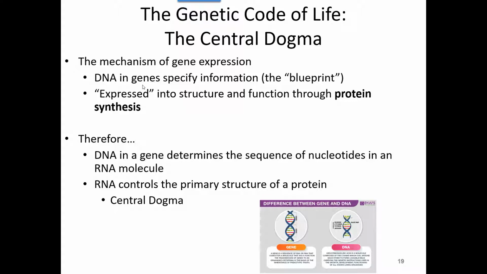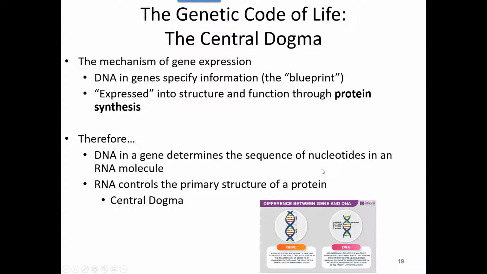So the idea is that that information is in the DNA, and the information that comes from it is expressed through some type of protein. So the DNA that's in any particular gene, a small little snippet of the DNA, determines the sequence of nucleotides. So those 1,000 nucleotides in the gene are a very specific sequence of nucleotides.